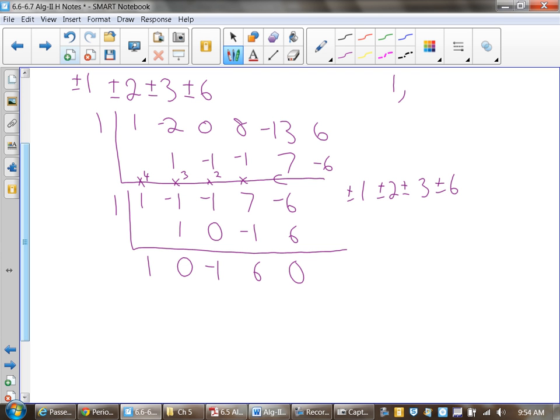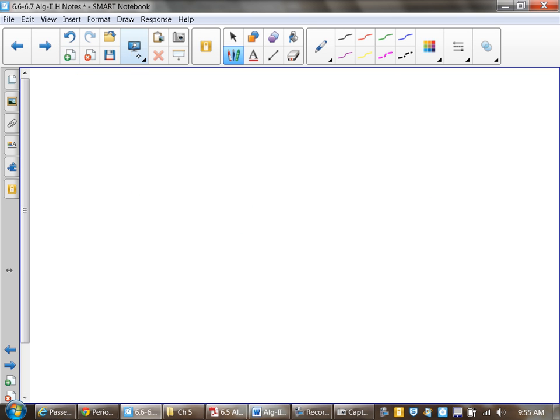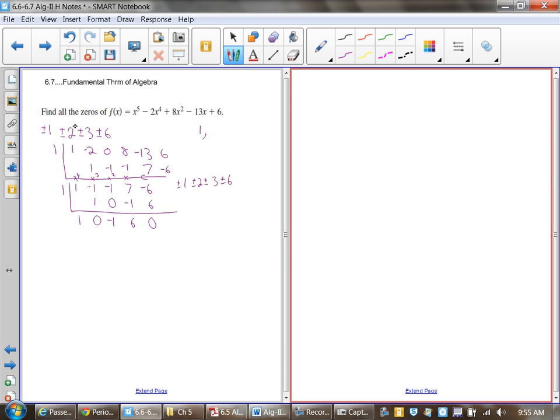Because remember, each time you write this out, what happened here, we found that 1 was a 0. When I saw that 1 was a 0, that meant there's a term x minus 1.